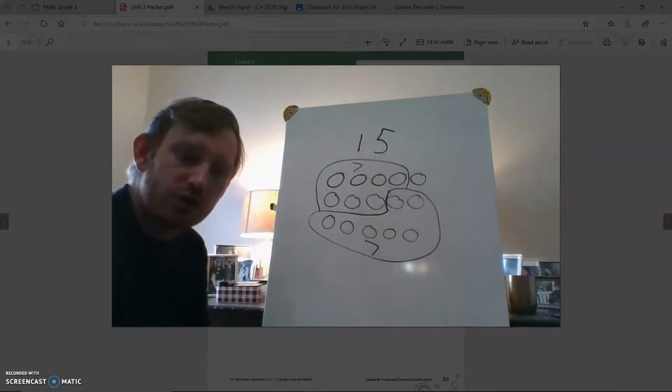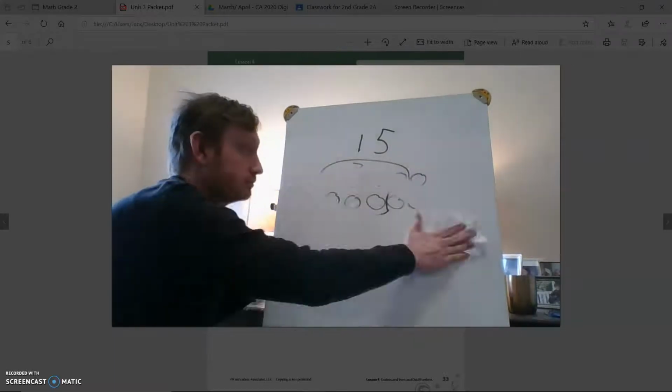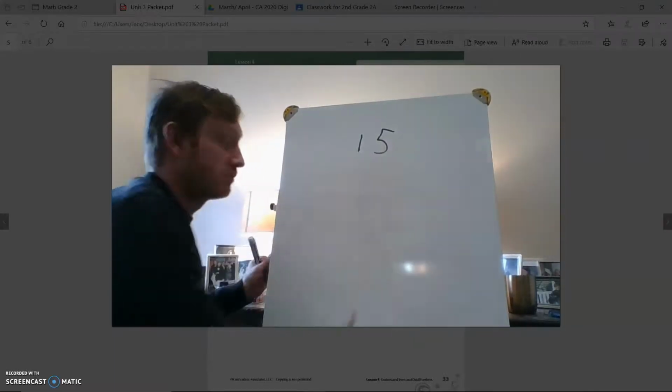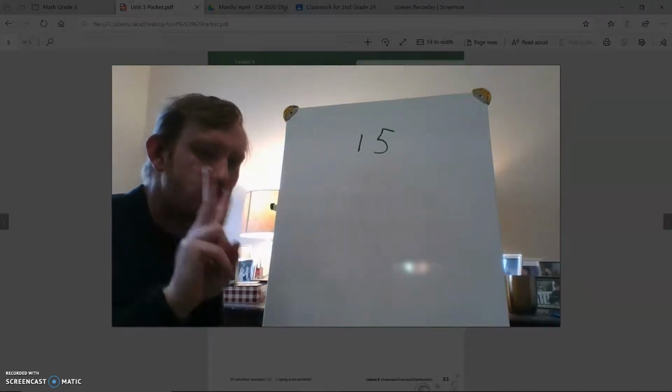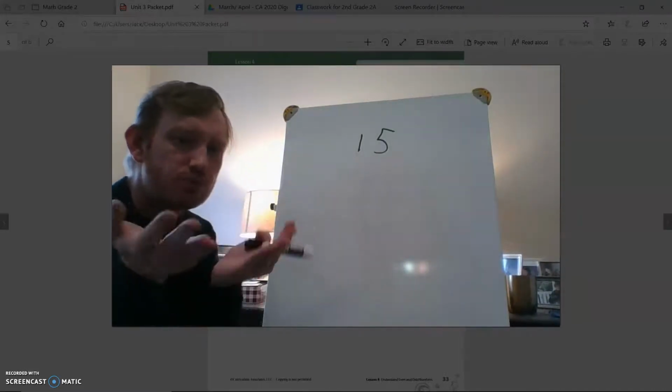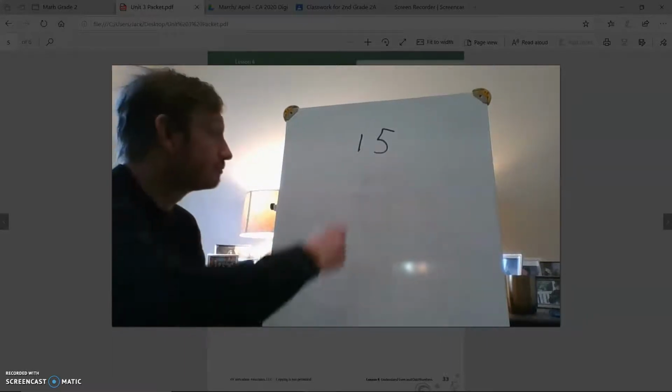Now let's do it using just numbers. So for 15, we know that if it's even, it has 2 even groups, 2 groups that are exactly the same. So let's start doing double facts.